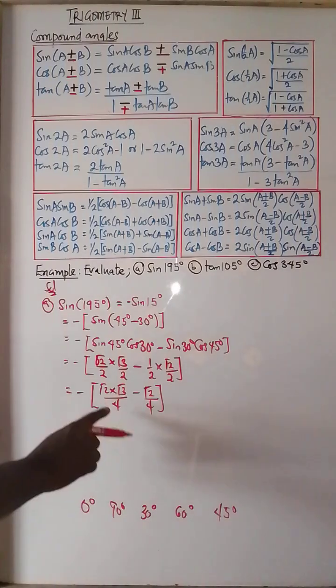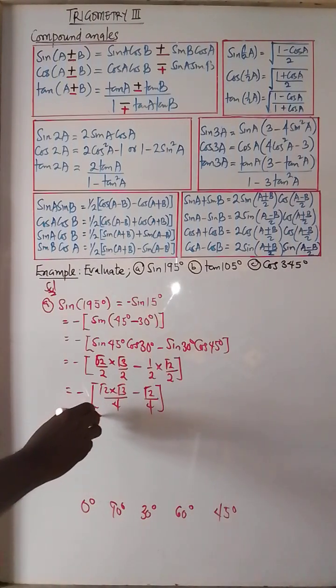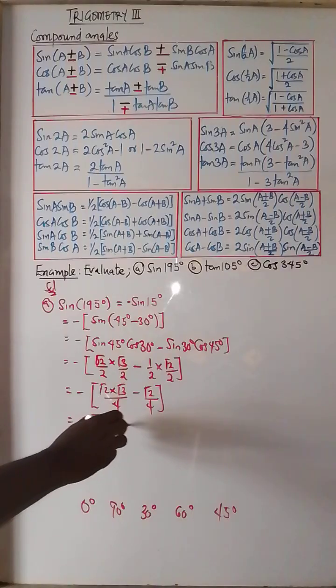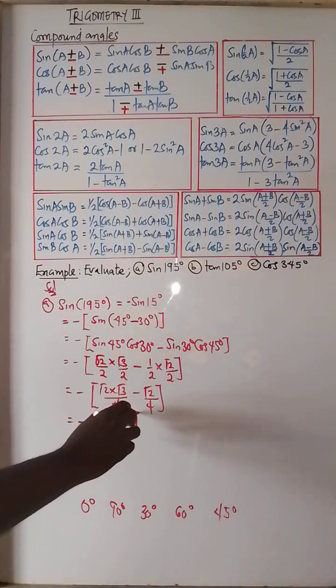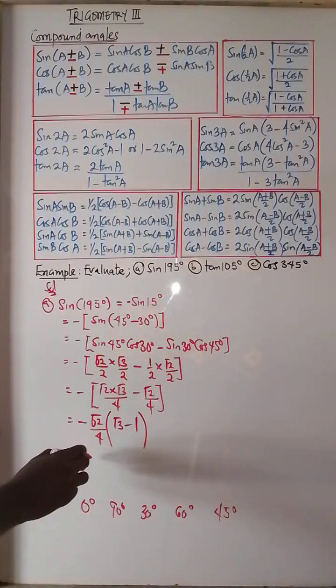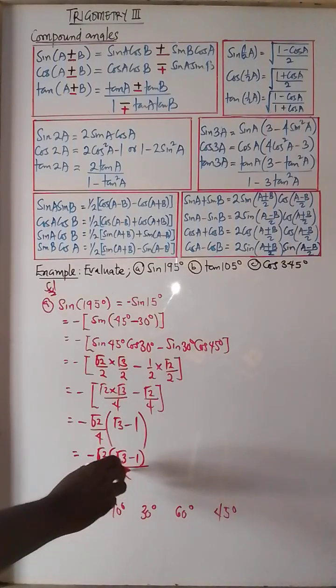Root 2 over 4 is common, so let's bring it out. This becomes minus root 2 over 4, and we are left with root 3 minus 1. So the final answer is minus root 2 times root 3 minus 1, everything over 4.